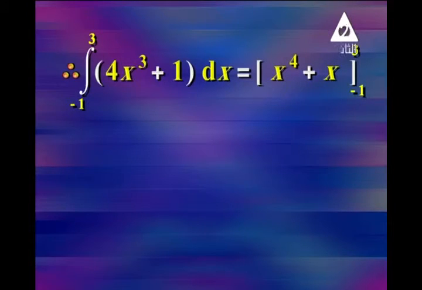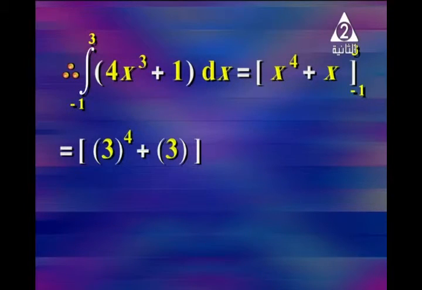Look at x power 3: we add 1 to the power and divide by the new power, giving x power 4 over 4. So 4x power 3 integrates to x power 4, plus the constant 1, whose integration is x, and by substitution from -1 to 3.